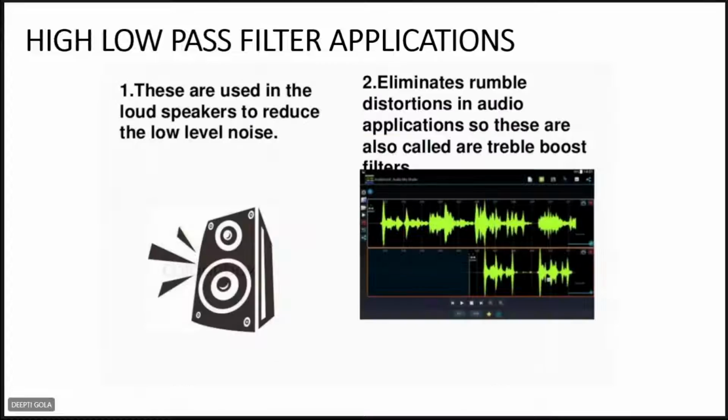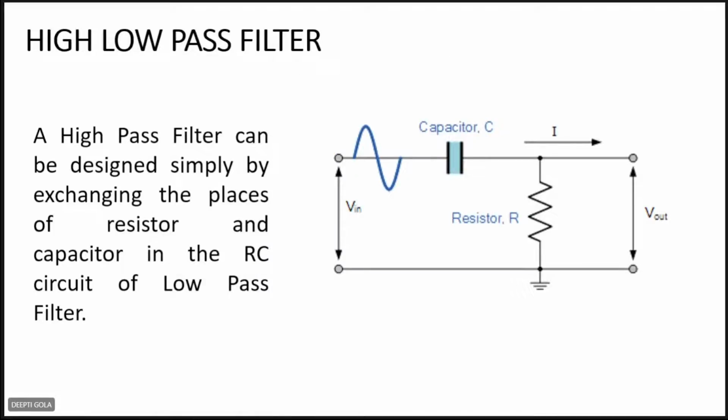All right. Now, actually, what happens? Why does it do so? Suppose we are talking about the high pass filter, right? So what is the reactance of the capacitor at high frequencies? At high frequencies, the reactance will be infinite, right?